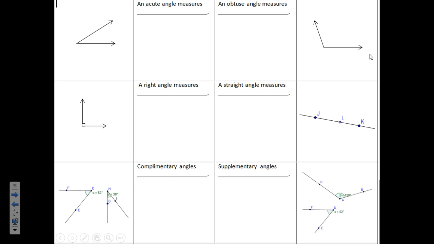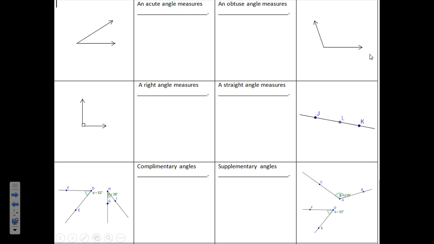So in this example, angle JLK is a straight angle. Remind me, how is that formed? 180 degrees is this measurement. And how did we make a straight angle? What did we use? A straight edge, and we drew two rays. And what kind of rays are those called? Opposite rays.